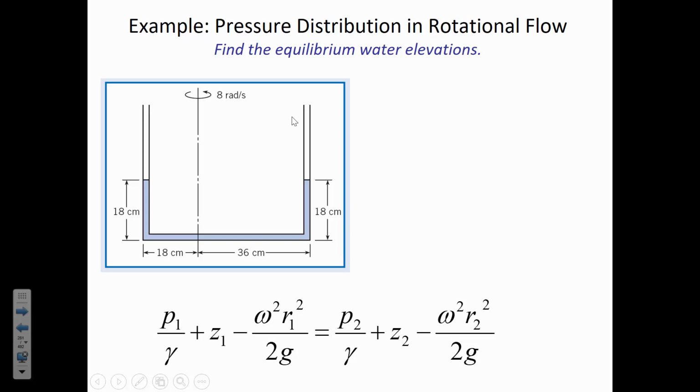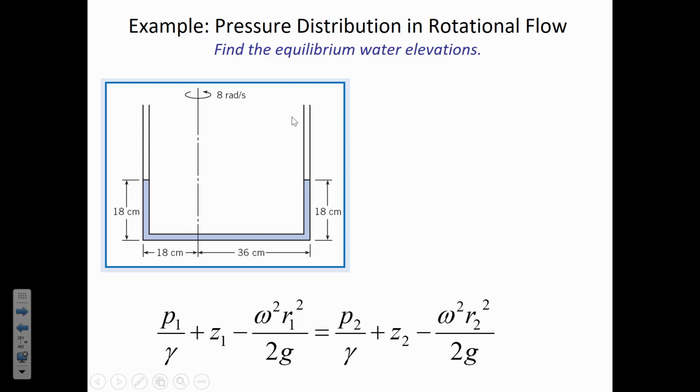If our Z datum is the bottom of the tube, then we could say Z1 plus Z2 is what? Would they be equal to 18 centimeters? 18 centimeters plus 18 centimeters, because there's the elevation of 0.18 above the datum initially, before it starts spinning. And then on the right side, it's at 18 centimeters.